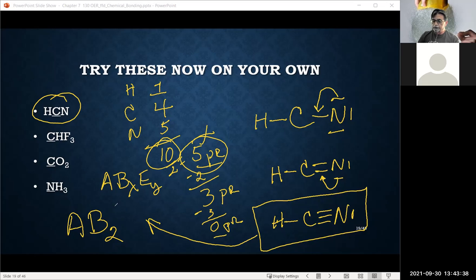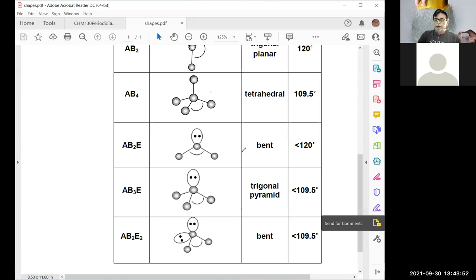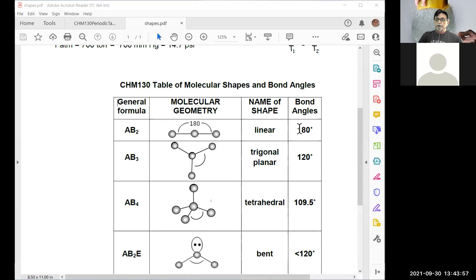So there's no E. So the general formula for this molecule is AB2, okay? So now, with that information, go to the shapes table and look for AB2 in the table, and it happens to be the first entry right here, okay?